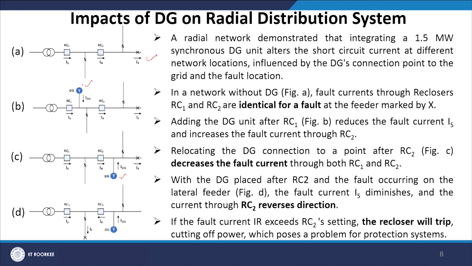First of all, consider figure A, a network without any DG. So, you don't have any DG, it's a simple network.